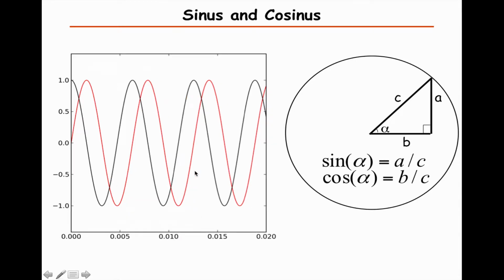Then we have the cosine, which is just the sine slightly shifted, and instead of A divided by C, it's defined as A divided by B.